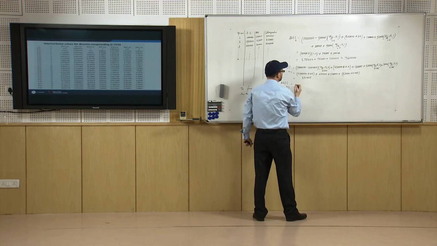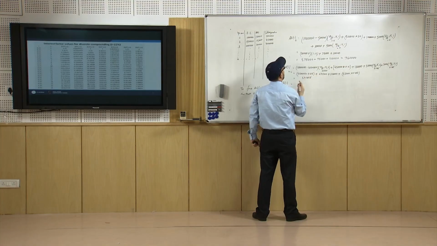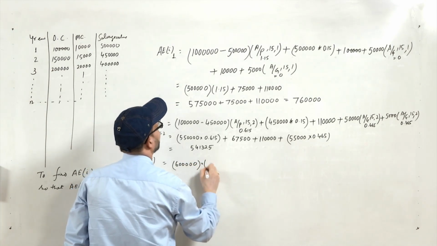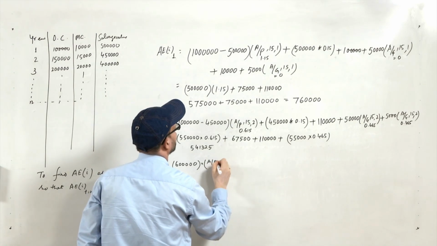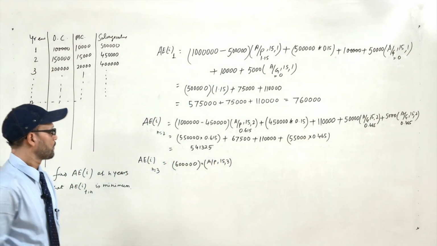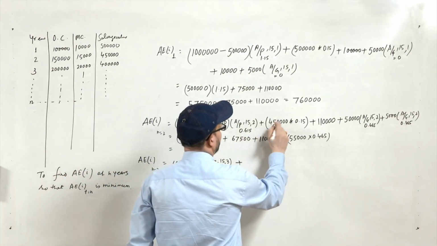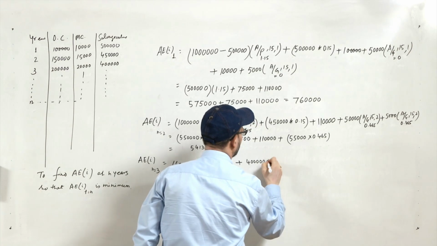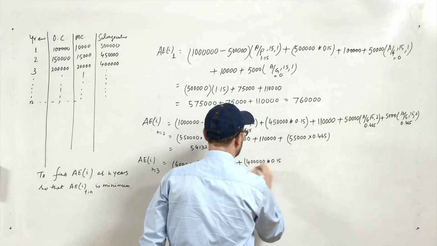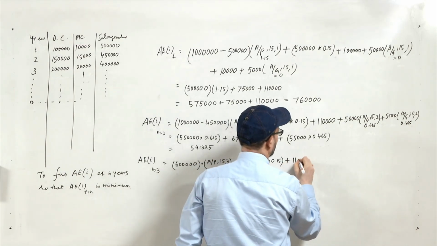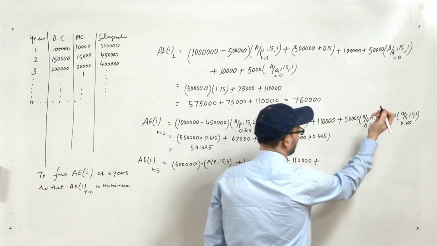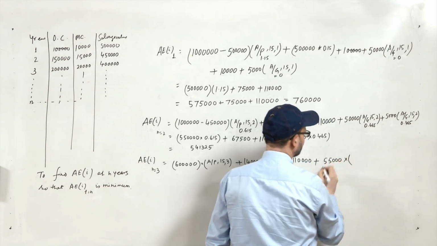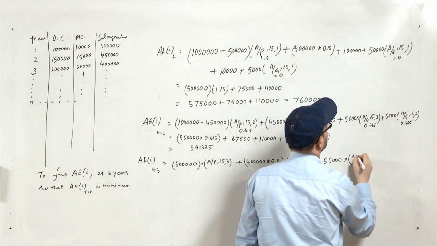So, we can directly use 10 lakh minus 4 lakh, so it will be 6 lakh multiplied by A by P 15.3 plus 4 lakh multiplied by 0.15 plus 110000 plus 55,000 multiplied by the factor A by G 15.3.